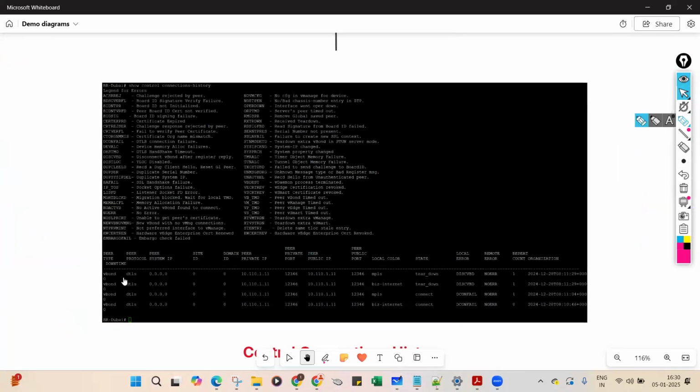Earlier this branch router formed a tunnel with the vBond, and once the information was shared, this tunnel was torn down, and you will get the IP details and every detail about this tunnel via show control connection history. We will be discussing the commands in pretty much detail during our course.